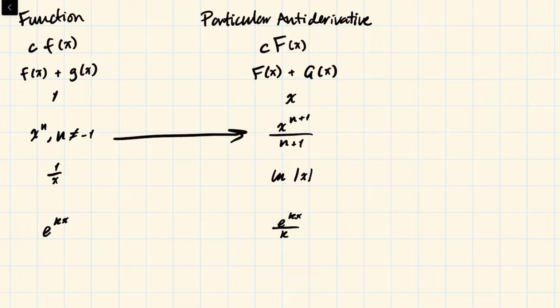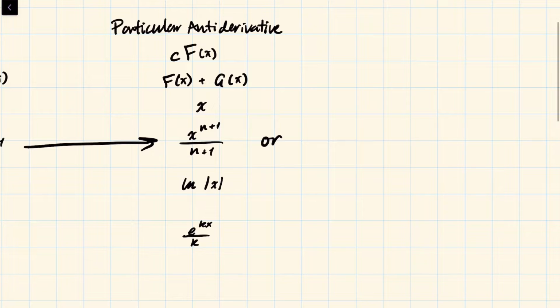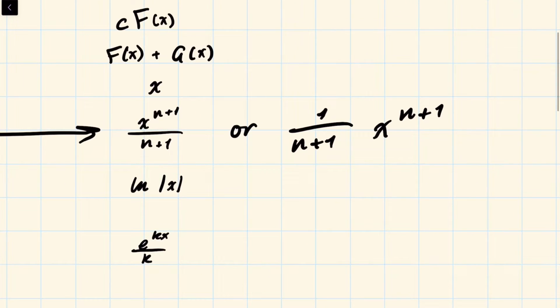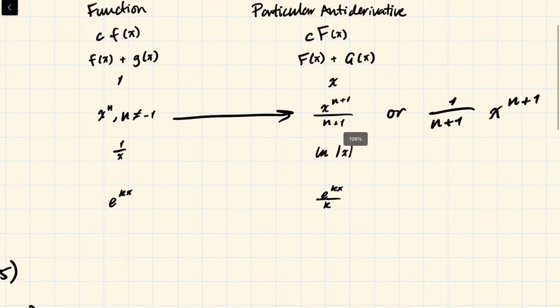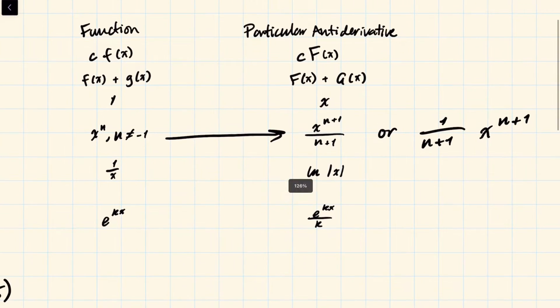It's 1 over n plus 1 times x to the n plus 1, or whatever constant you had there in the first place. So for 1 over x, which is x to the negative 1, you are going to have the natural log of the absolute value of x as your antiderivative.